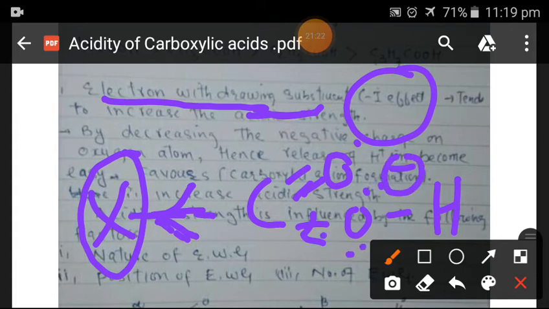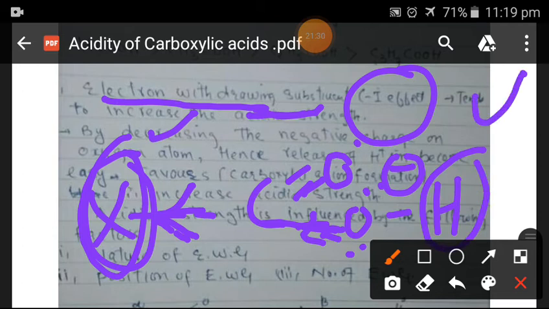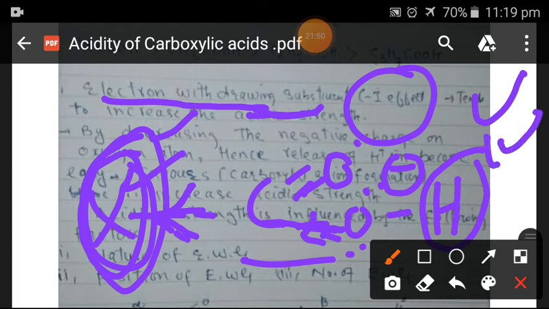So here the negative charge gets shifted toward this electron withdrawing substituent, as a result of which this proton gets easily released. Clear? So electron withdrawing substituents increase the acidic strength because more of the negative charge will get shifted towards this electron withdrawing substituent, as a result of which this proton gets easily released from this acid.